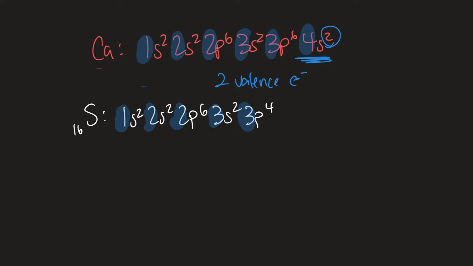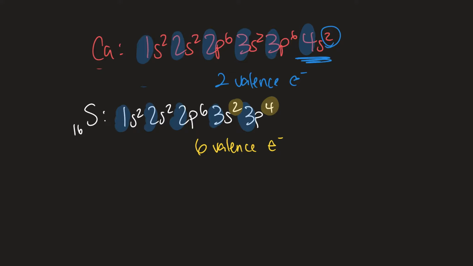If you notice, we have 2 over here, and we have a 4 over here. So we add this up. How many valence electrons do we have for this atom of sulfur? Well, we have 6 valence electrons because there are 6 electrons in the third energy shell.